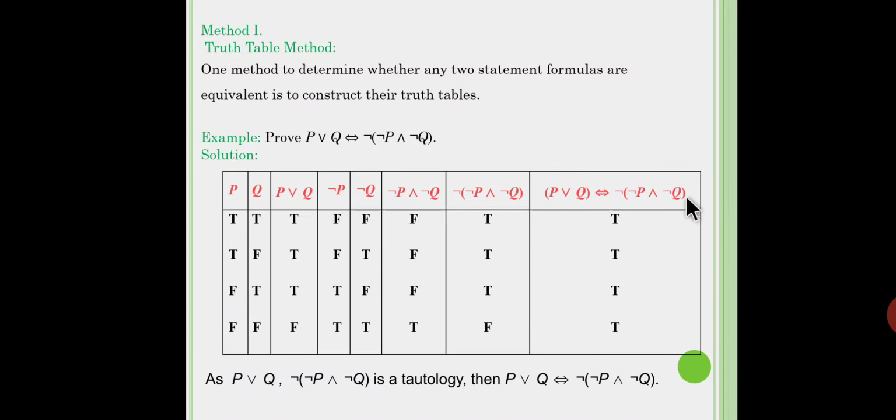So the equivalence relation has truth values true, true, true, true. So P ∨ Q is equivalent to ¬(¬P ∧ ¬Q), and as P ∨ Q ⇔ ¬(¬P ∧ ¬Q) is a tautology, P ∨ Q is equivalent to ¬(¬P ∧ ¬Q).